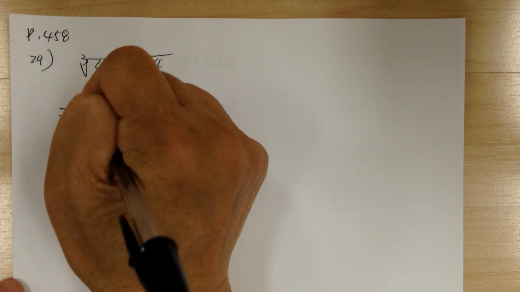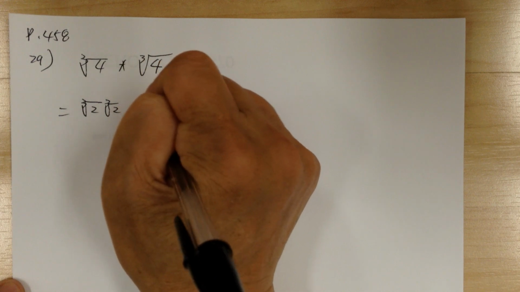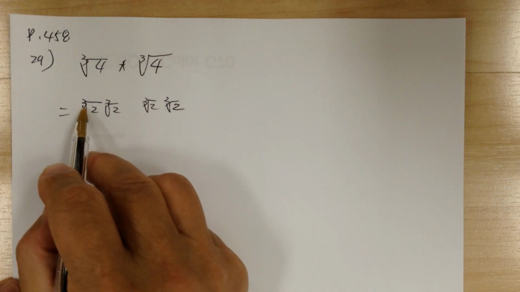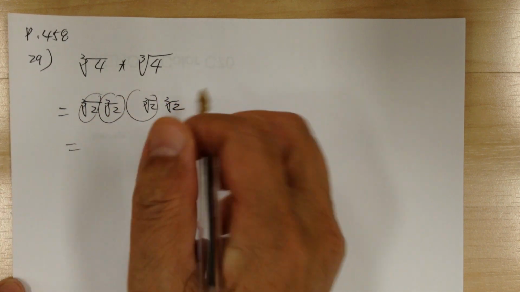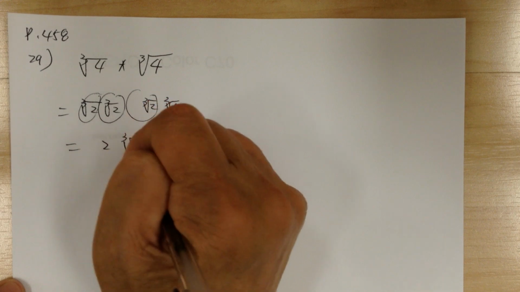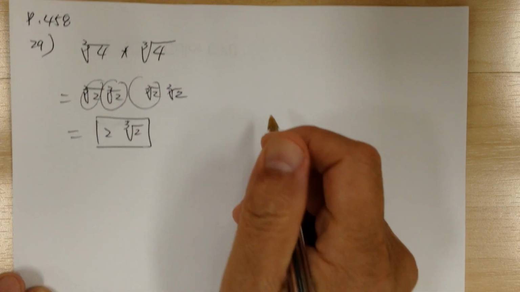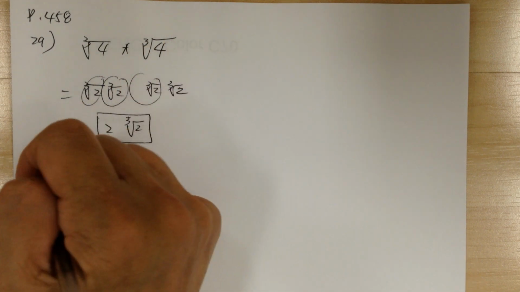So this becomes cube root of 2, cube root of 2. This one will be cube root of 2, cube root of 2, right? Now notice the index is 3, means you need to get 3 of them to make into an integer. So this is equal to 2 cube root of 2. So again, index means how many radicands you need to make into an integer.